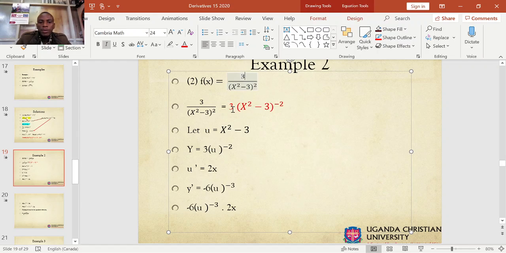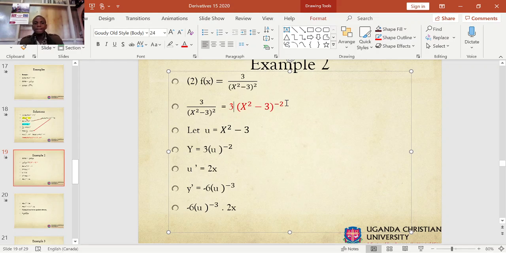I just take the 3, multiply it into the numerator, and the sign of the power of the denominator changes. If it's positive, it becomes negative, and if it's negative, it becomes positive. So that's the first step. From that point, we can use our chain rule.